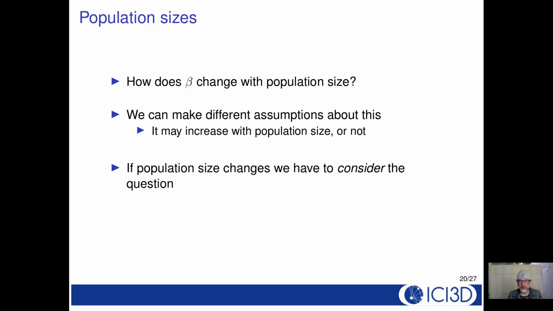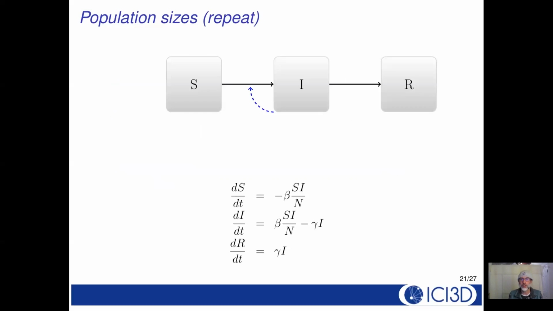So how do we consider the question? In our original model, we just assumed that beta was a constant, and that assumption doesn't affect us if we don't allow N to change. If we want to think about what might happen if we allow N to change, I prefer to keep this formulation. I like to write beta this way, because in this way, as we've discussed, beta is a rate.